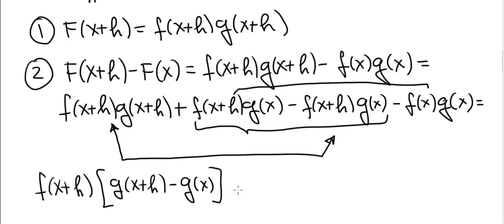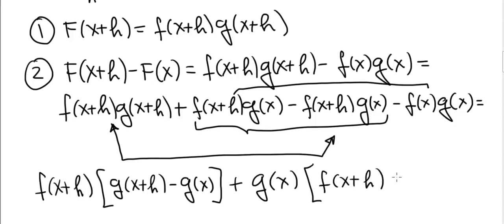Now let's turn to the second and fourth term. They have g of x in common, so we factor out g of x, and that leaves f of x plus h minus f of x. And that's the end of step 2.